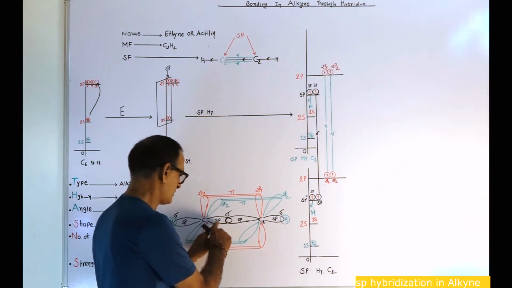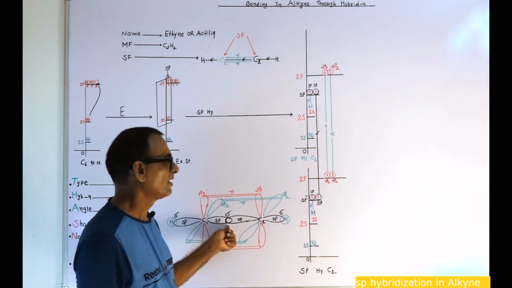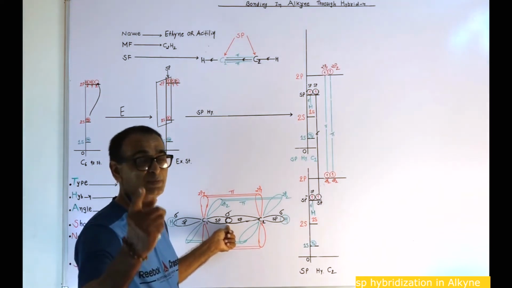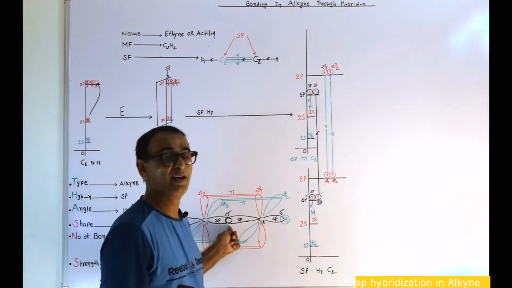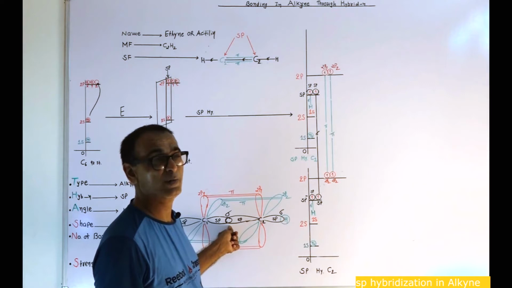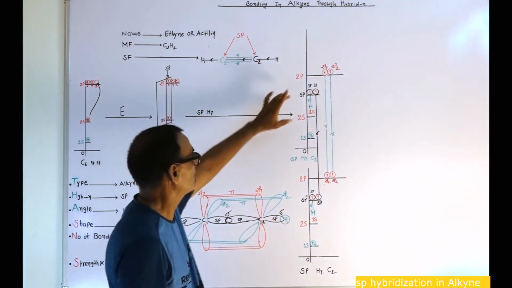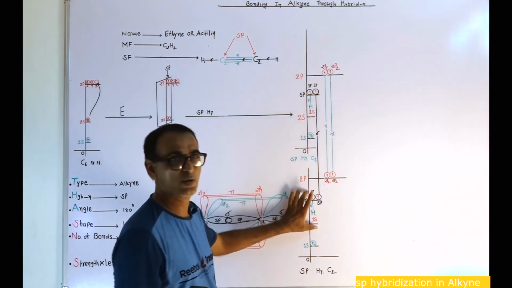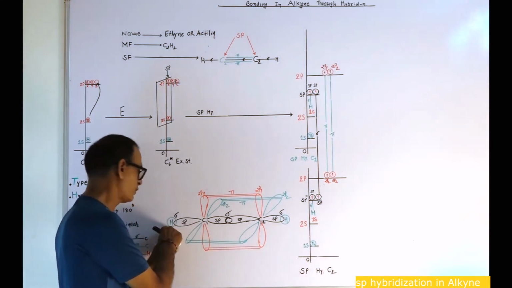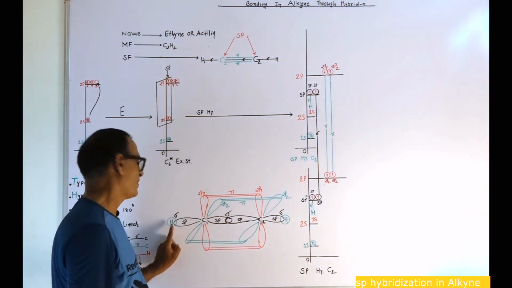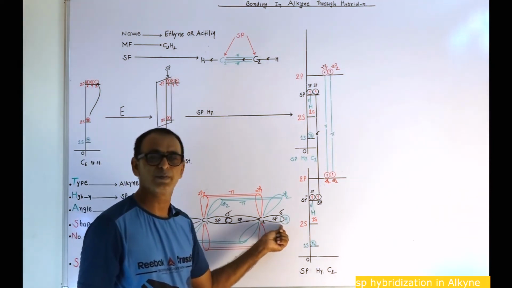This is sp of C1, sp of C2. ये सिग्मा बॉन्ड फॉर्म होगा. अब दोनों कार्बन की एक एक sp hybrid orbitals बाकी है. तो the remaining sp hybrid orbital will overlap with the 1s orbital of hydrogen. यहाँ भी ऐसा ही होगा. The sp hybrid orbital of C1 will overlap with the 1s orbital of hydrogen and form a sigma bond. In the same way, here also you can explain the sigma bond formation.